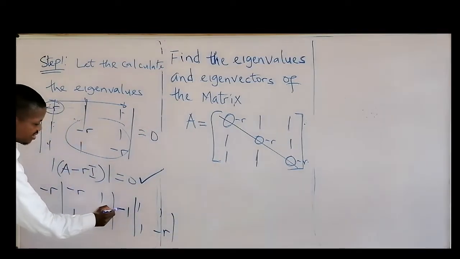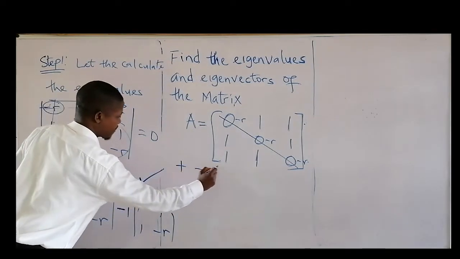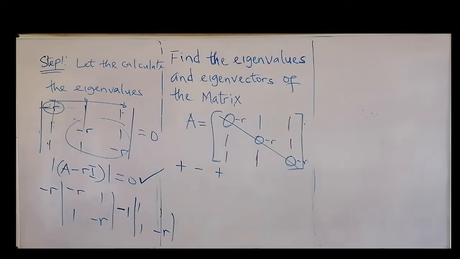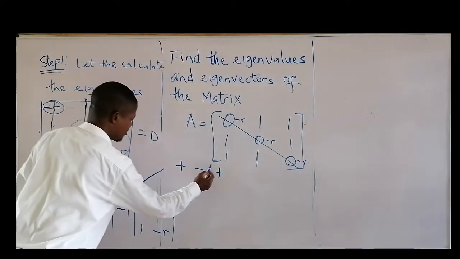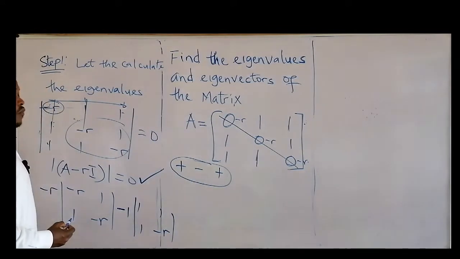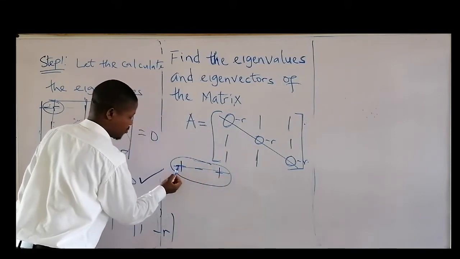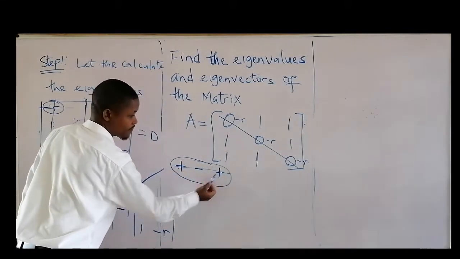You're wondering, how does this minus come here? Don't forget the cofactor sign. When you're doing determinants, you do it in conjunction with the cofactors. If you are evaluating along the first row, you have to multiply each element by this sign.